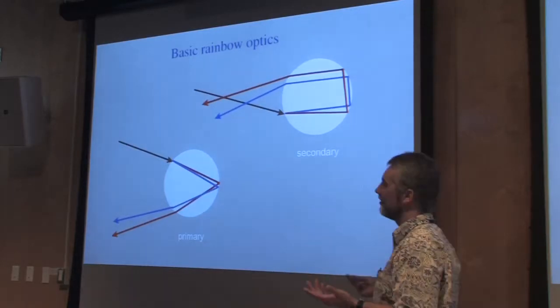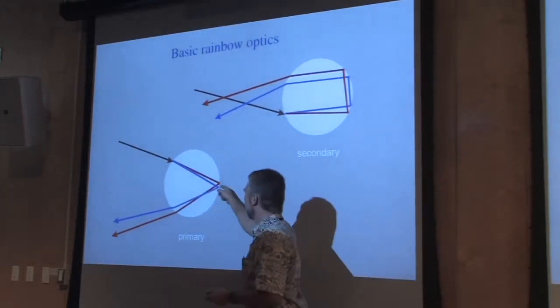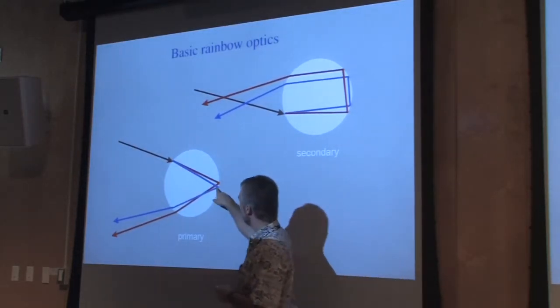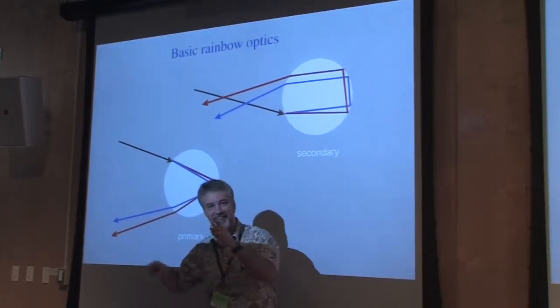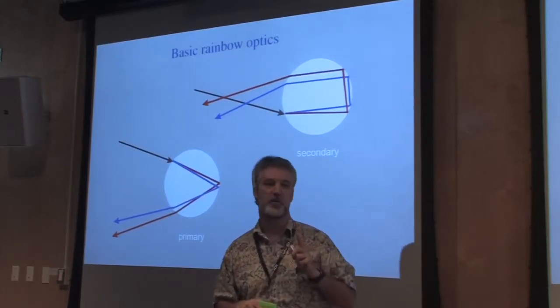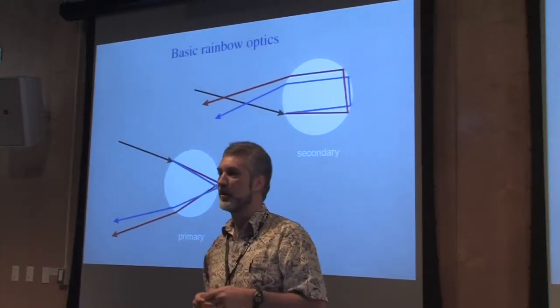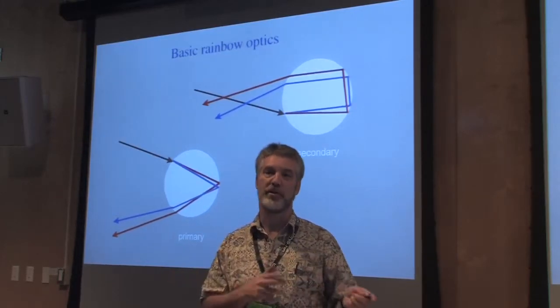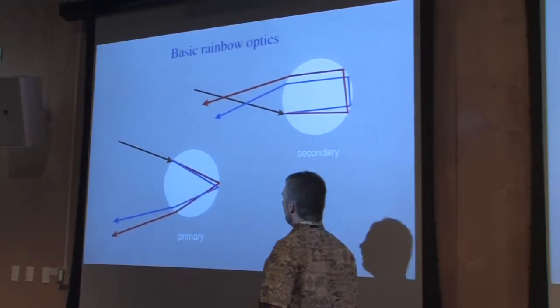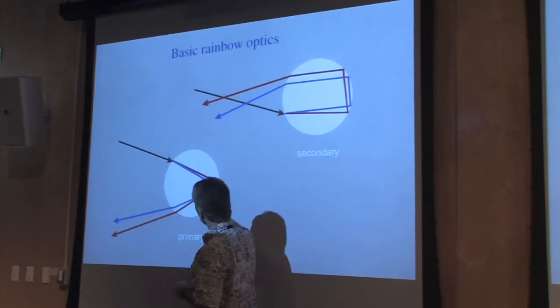What are they thinking? Well, they're not thinking. So most of the light goes through the raindrop. Some of the light reflects off of the back of the raindrop. It is not a total internal reflection, but it is very near the Brewster angle. Okay? So what does that mean? It's going to be highly polarized light that reflects off the back of the raindrop.